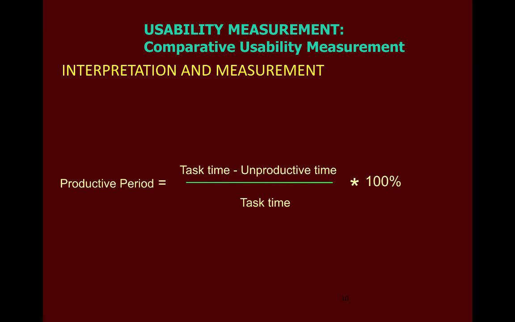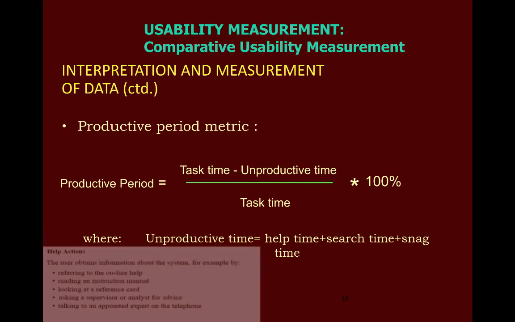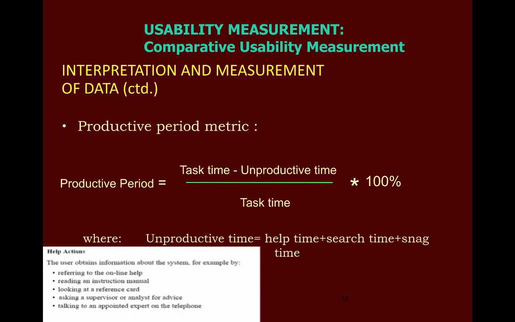There are also other measures. For example, the productive period is the task time, so the total time you take to accomplish the task minus some unproductive time. And this unproductive time may be time spent getting help, for instance, maybe time spent trying to search for the feature, search for the button to click, and snag time, right?